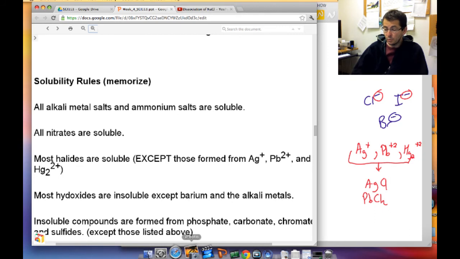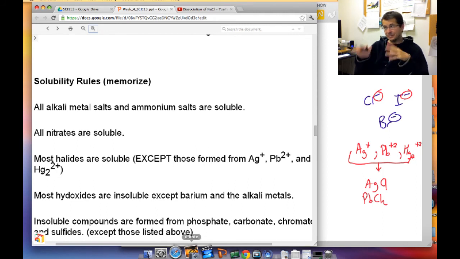So these three rules, all alkali metals, all nitrates, all halides, are typically soluble, except for silver, lead, and mercury. This will carry you through most of your material. You can assume that pretty much everything else is insoluble.